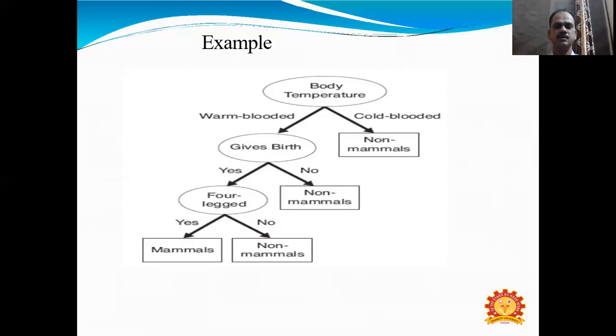Cold blooded leads to non-mammals. Gives birth, then four-legged: yes means mammals, no means non-mammals. The four legs are partitioned into two branches. If yes, it produces mammals; no means non-mammals.